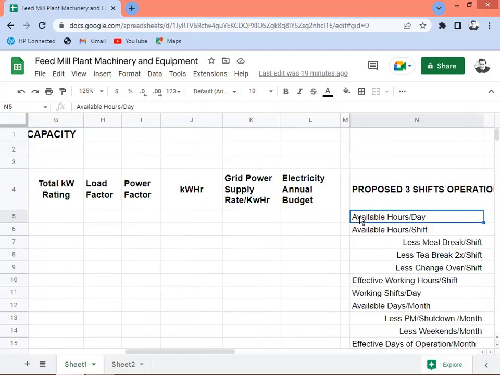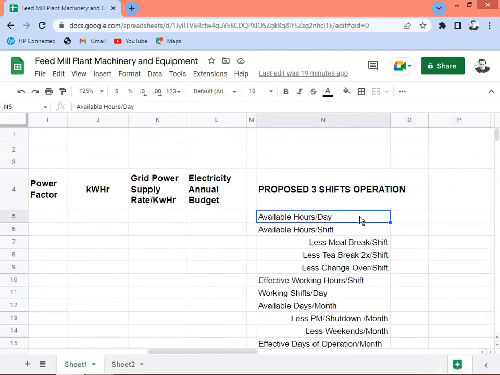But first things first, I'm going to show you the proposed three-shift operation. Most feed mill plants have a three-shift operation, 24 hours in three shifts, so you're going to have 8 hours per shift. This would be included in our calculations for coming up with the kilowatt hour.